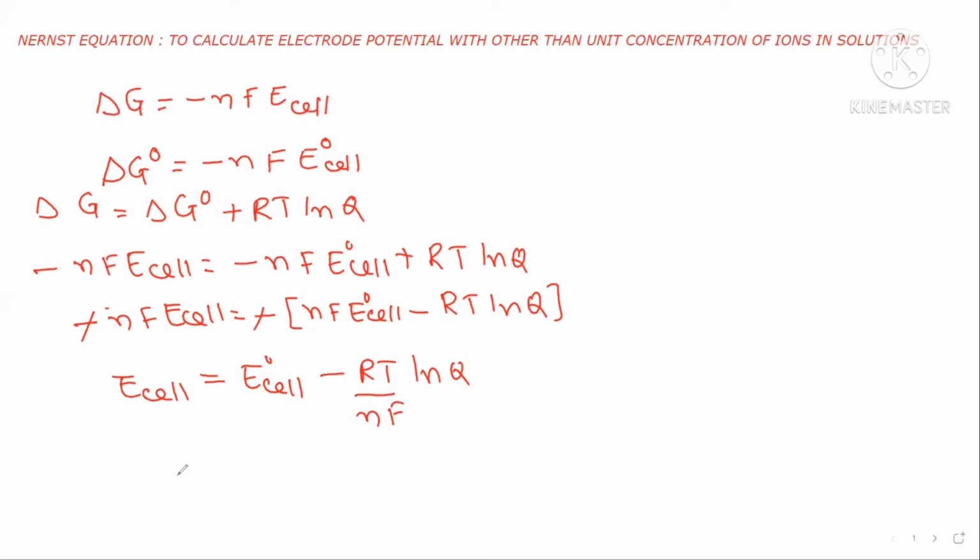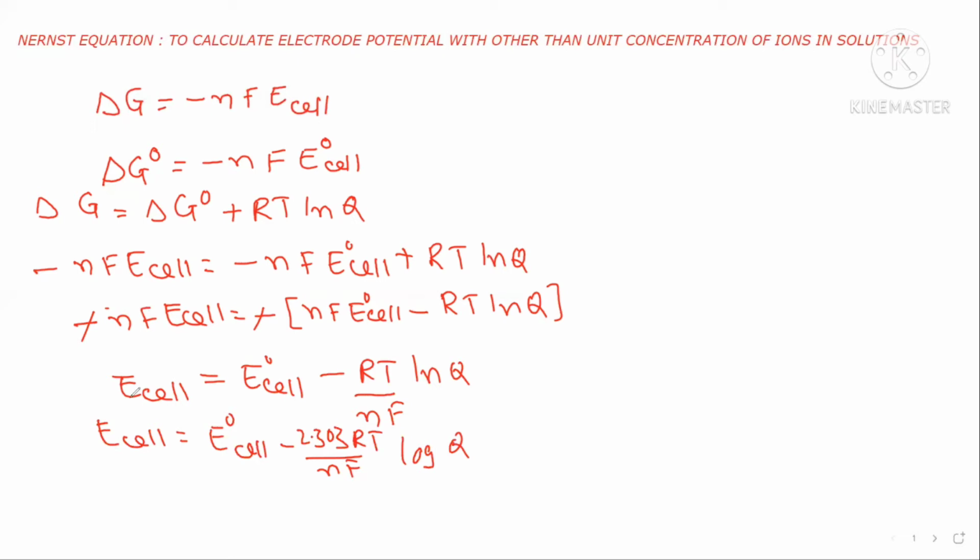To convert the natural logarithm to base 10, we have to multiply with 2.303. Then the equation is converted into 2.303 RT by nF into logarithm of Q. Substitute R is equal to 8.314, T is equal to 298, F is equal to 96,500 coulombs.